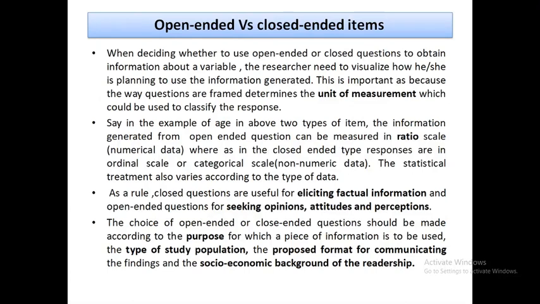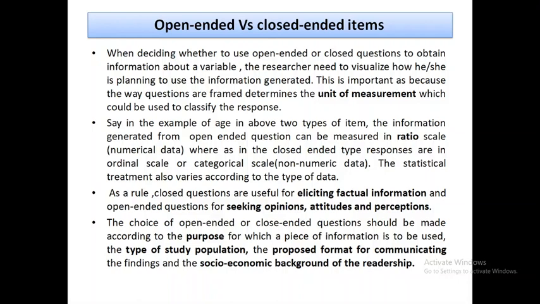When deciding whether to use open-ended or closed-ended questions to obtain information about a variable, the researcher needs to visualize how he or she is planning to use the information generated. This is important because the way questions are framed determines the unit of measurement which could be used to classify the response.